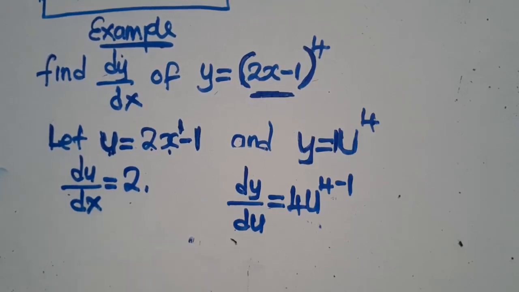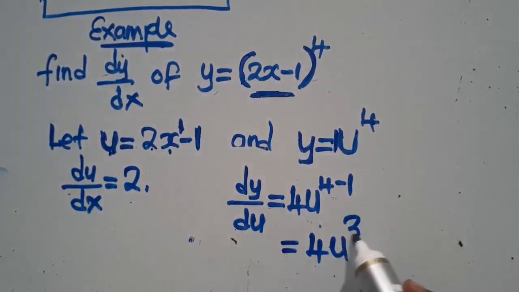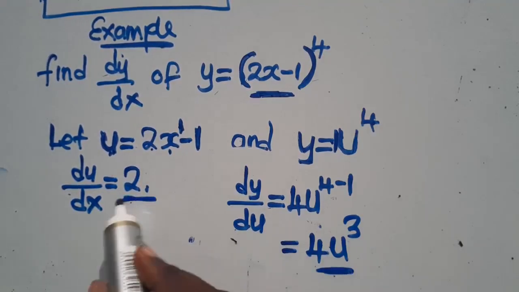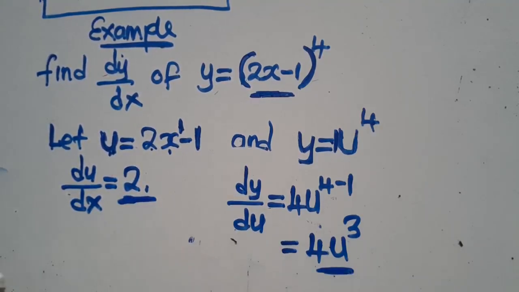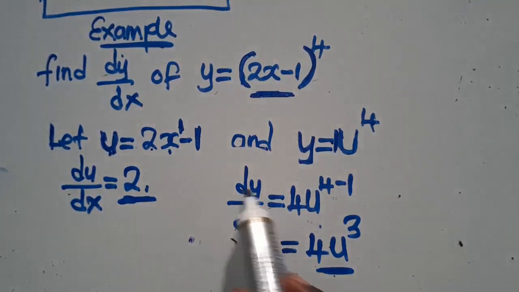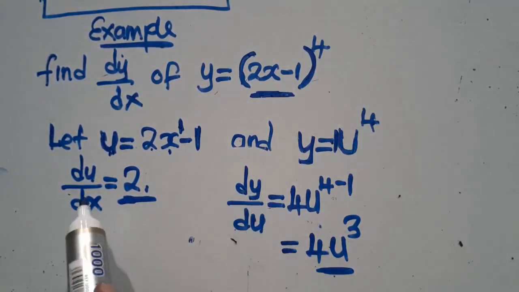But this is what you are supposed to do. Then here, what will be your answer? 4u to the power what? 3. So this is the answer here. This is also the answer there. So you now write the formula. This is what? dy du. This is what? du dx.